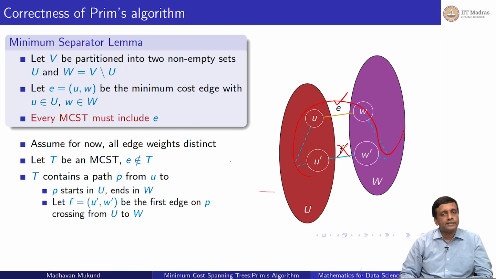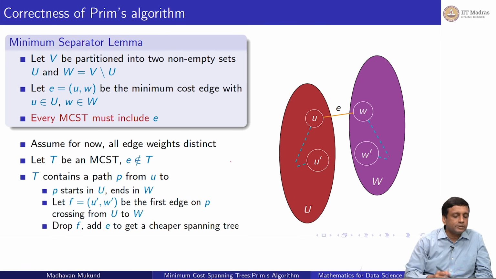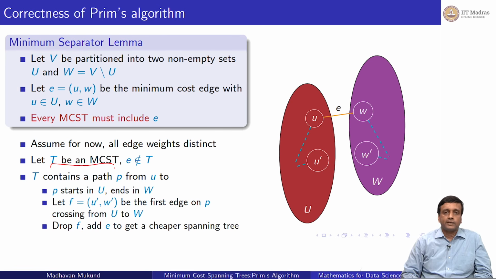So the connectivity doesn't change, but I have replaced F by a smaller edge. So if I replace F by E, I have got a cheaper spanning tree in terms of cost. So this contradicts the assumption that I started out with a minimum cost spanning tree. I started off with an MCST and I have told you how to get a smaller one, so this could not have been the case.